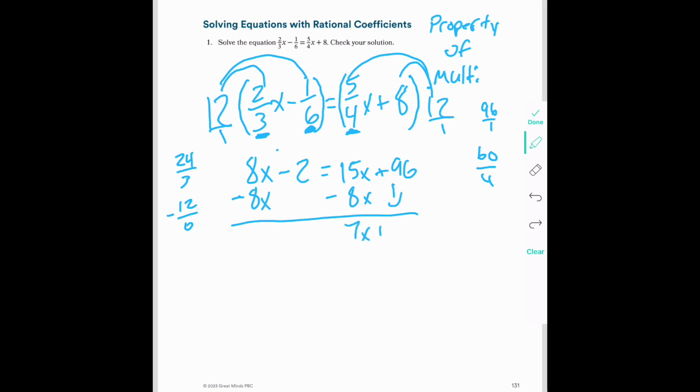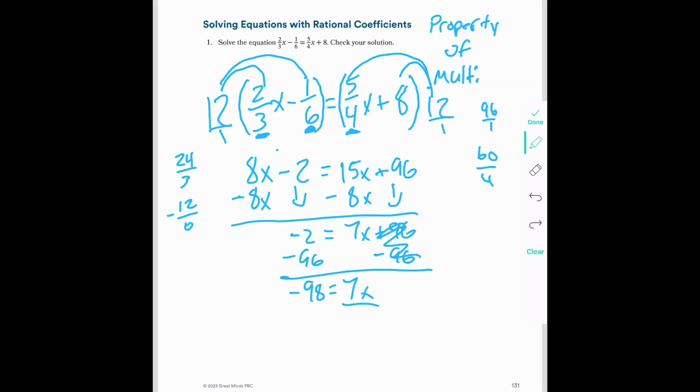All right, this comes down. This also comes down. Equal sign stays in the middle. So now I have to get rid of the 96, so that's minus 96 on both sides, right? Negative 2 minus 96, that's a negative minus something, so that makes the negative bigger. So this would be negative 98 is equal to 7x.